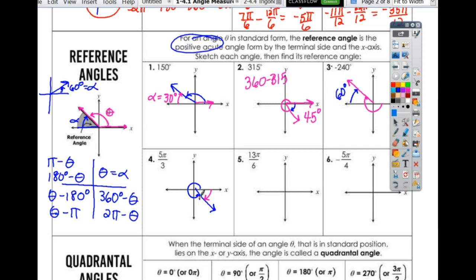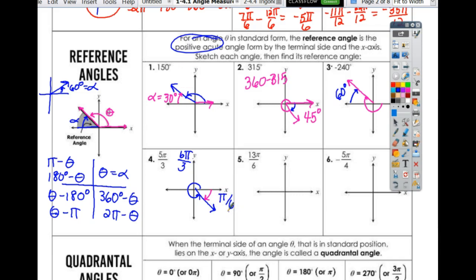So listen, when I said all the way around was 360, what is that for pi? 2 pi. So if I wanted it to be over 3, 2 pi would be 6 pi over 3, right? So if this is 5, how much is missing? 1. So the reference angle is pi over 3.